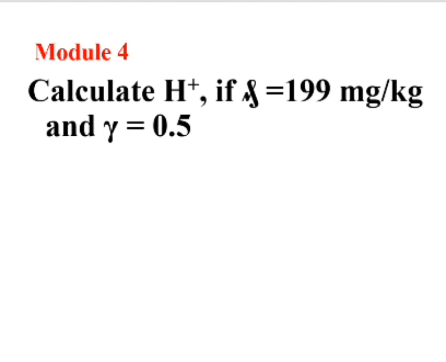Now let us look at module 4. Here we want to calculate the hydrogen ion concentration when the concentration of phosphorus removal is 199 milligram per kilogram and the initial solution pH is 0.5.